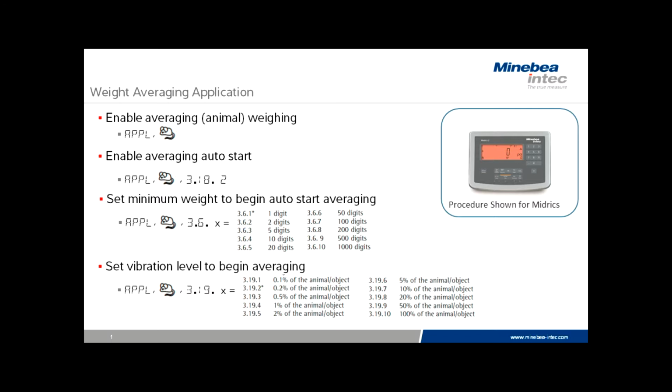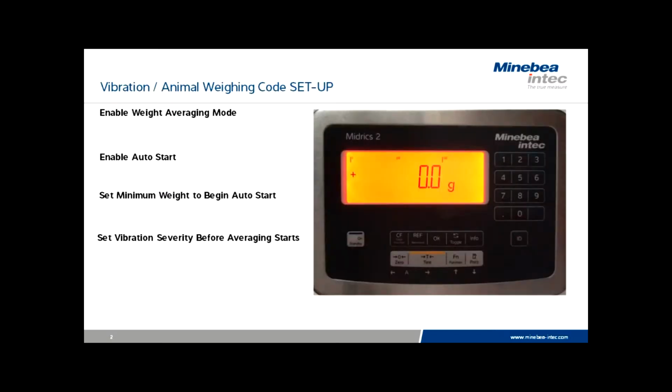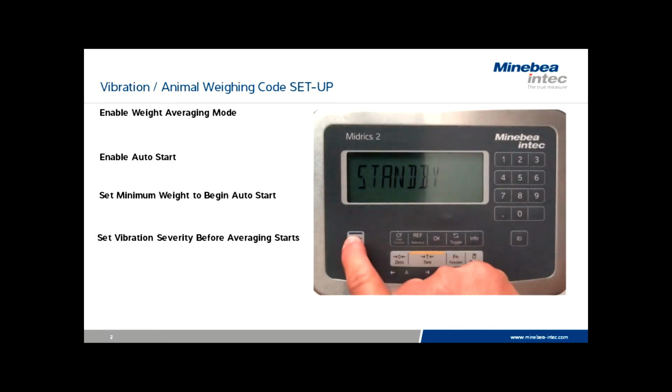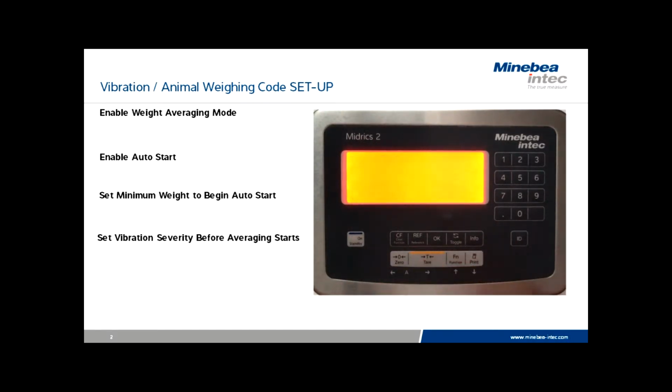Now we can go through the actual setup procedure. First, we need to enable the weight averaging mode. And we do this in the normal fashion by turning the scale on first, then off, back on, press the tare key.